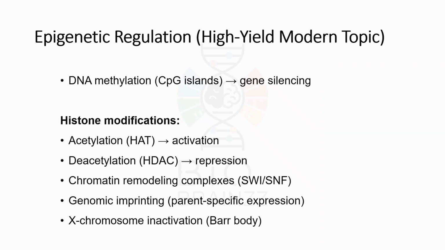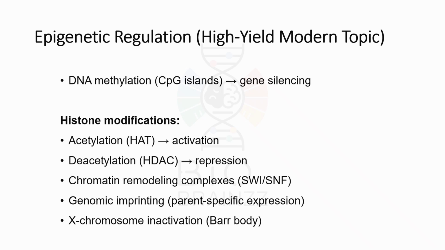Epigenetic regulation refers to changes in gene expression without altering the DNA sequence. DNA methylation and histone modification also play a key role. Acetylation of histones generally activates transcription, while deacetylation represses it.